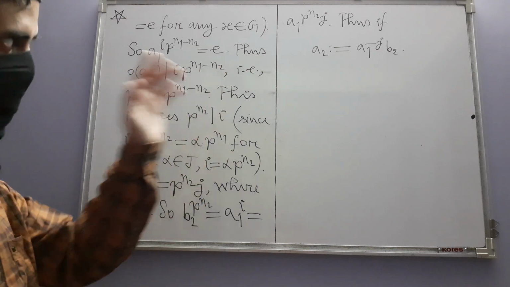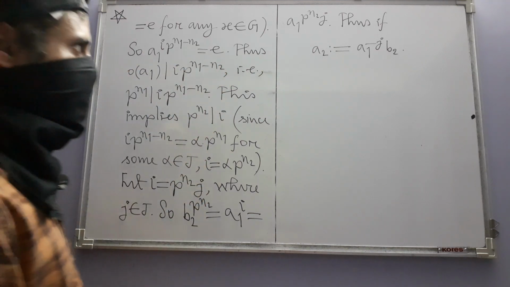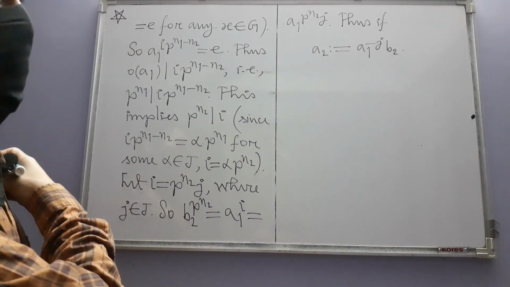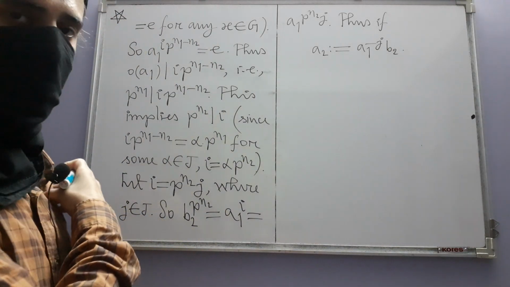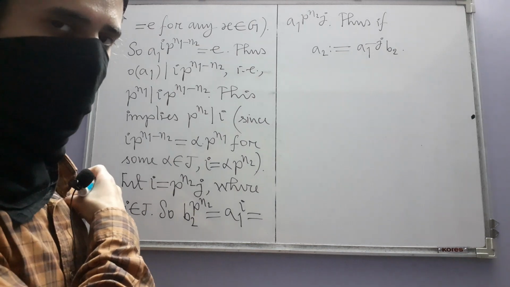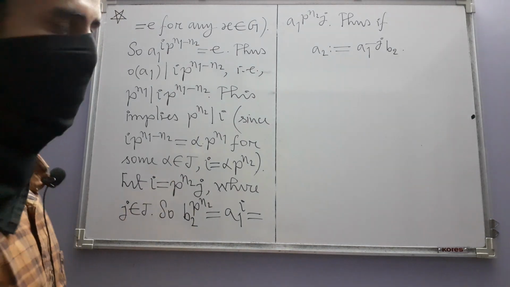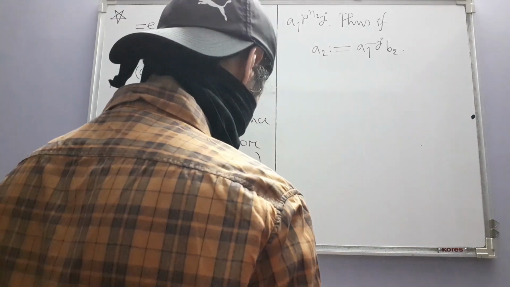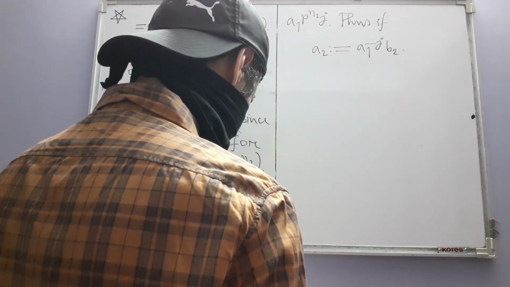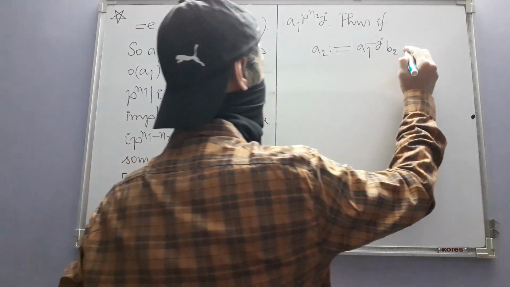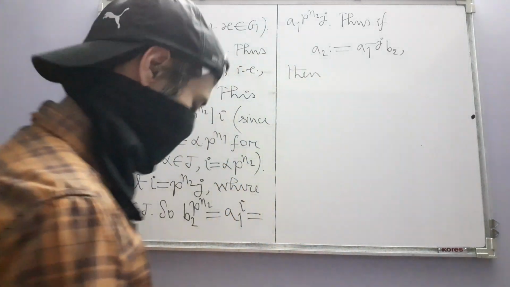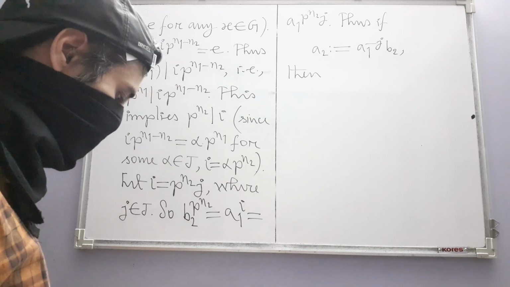If we call this element A2, you see, we can take, of course, minus j, because taking powers of group elements where the exponents are negative is allowed. However, fractional exponents are not allowed in a general group. So, for this element, then something can be written.